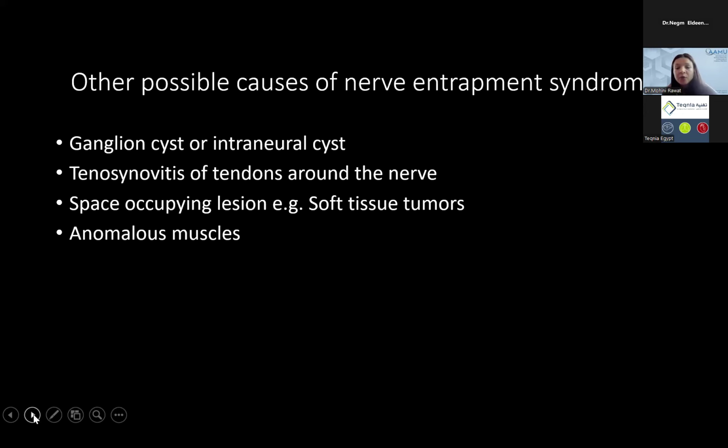Other possible causes of nerve entrapment syndrome are ganglion cyst or intraneural cyst. Tenosynovitis of the tendon around the nerve can be a potential source of compression. Any other space occupying lesion can also cause compression of the nerve, especially in a narrow area. Anomalous muscles. With anomalous muscle, you have to be careful because not every anomalous muscle is an abnormal finding. We call them anomalous because they are not present in everyone.